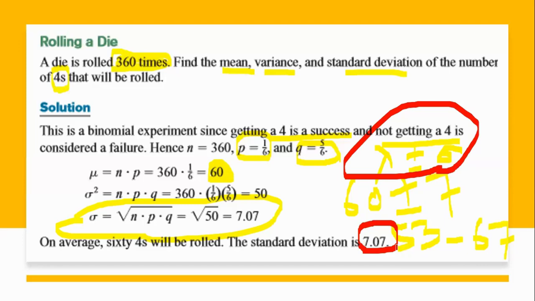But what if all of you have the number of fours within the range of 70 to 80? Okay, it means that in that case your die is not fair. Your die is either not a fair die, or it is a biased die, or it has been worn down somewhere, because of which you are getting a much higher number than 60.